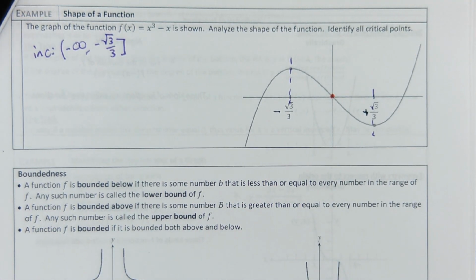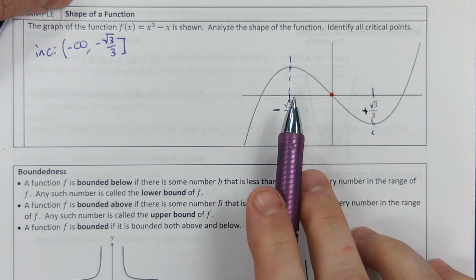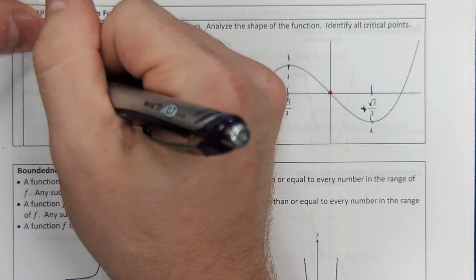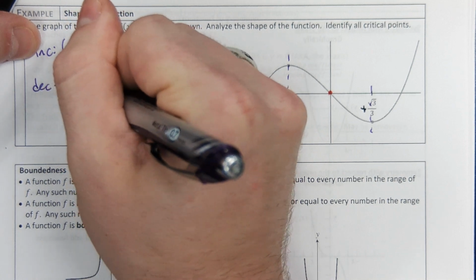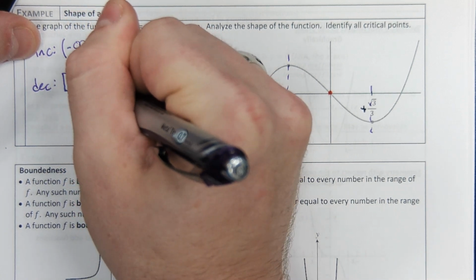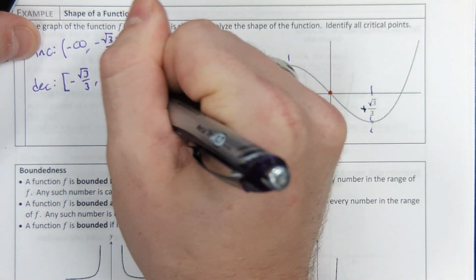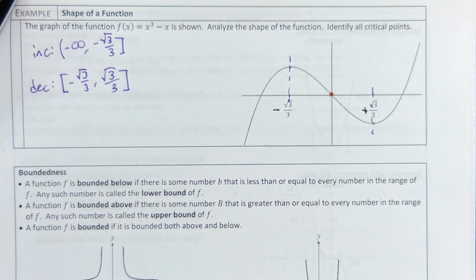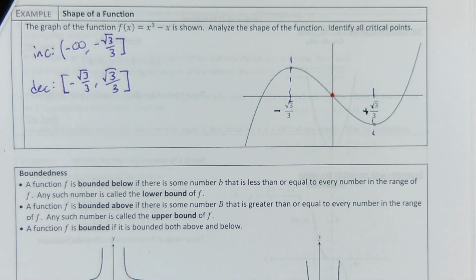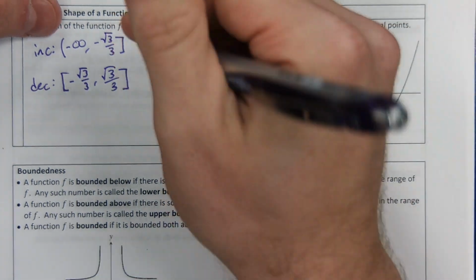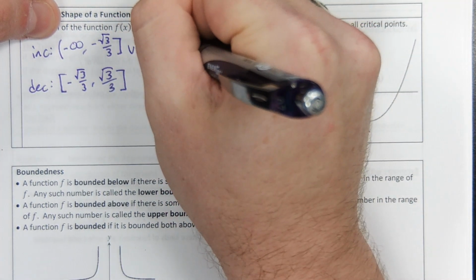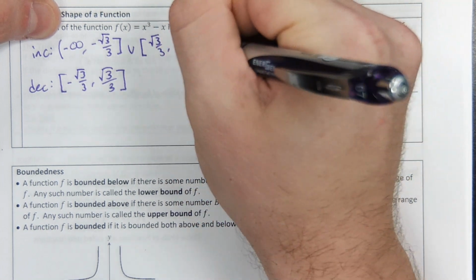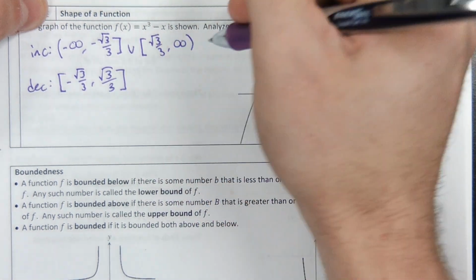Then decreasing between the root 3 over 3's. Brackets. And then, of course, increasing after the positive root 3 over 3, all the way up to positive infinity.